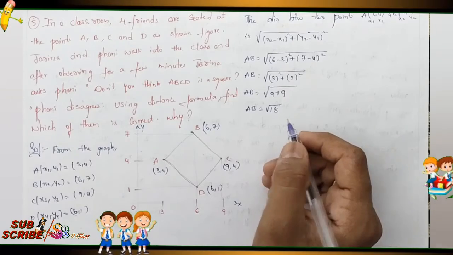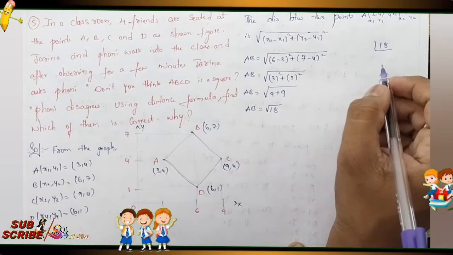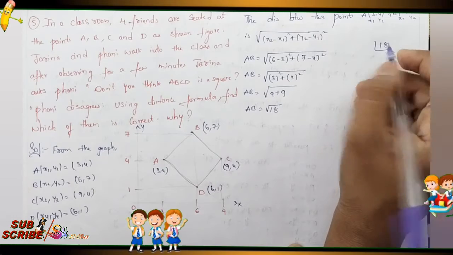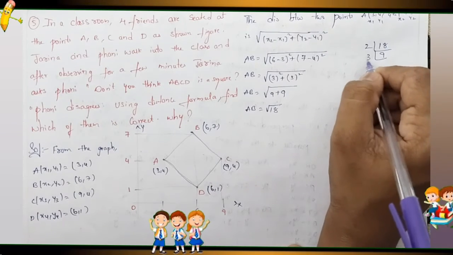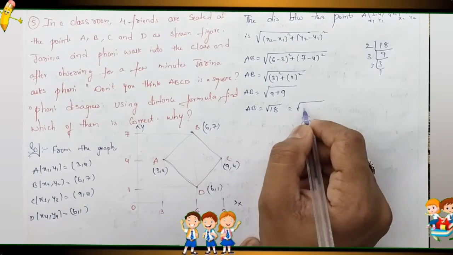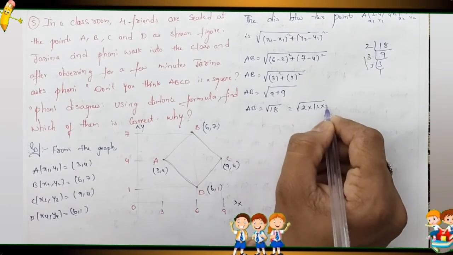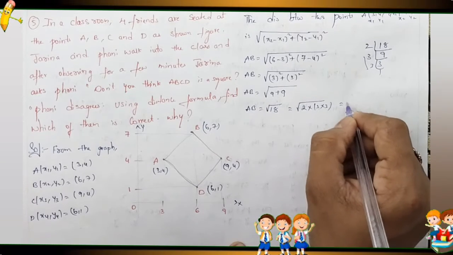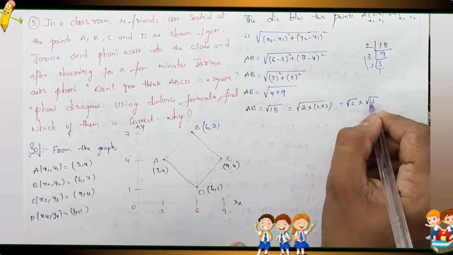Okay, now do the LCM of 18, only prime factorization. Next we take the 2 table: 2 nines are 18. Next the 3 table: 3 threes are 9, 3 threes are 3, then 1. I can write it as 2 into 3 into 3. So you can write root 2 into root 3 whole square.